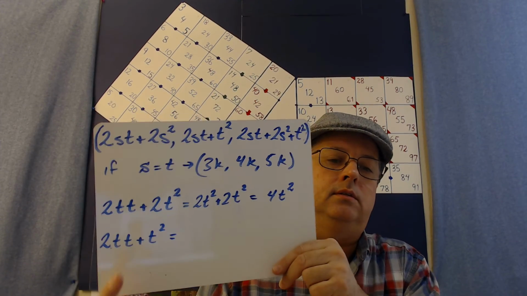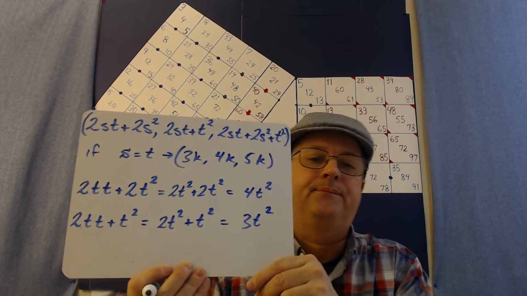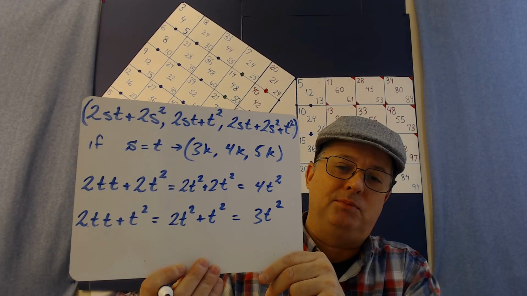We're putting t in place of s, right? So t plus t squared. And so now this is 2t squared plus t squared. And we get 3t squared. Okay, you see how this is working out pretty cool, right?